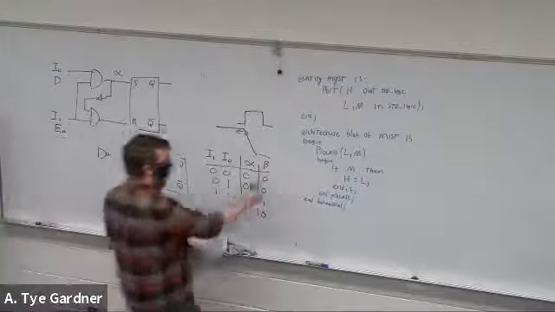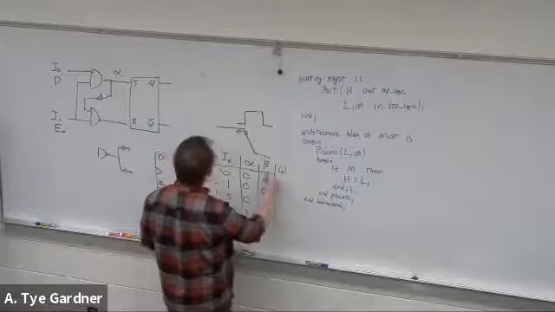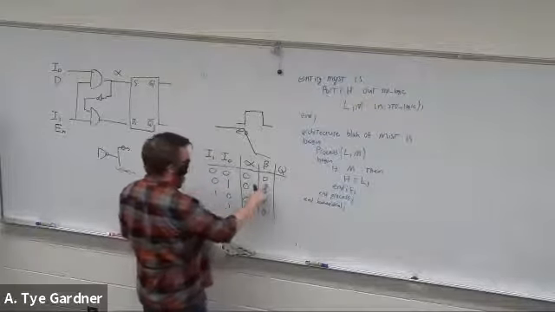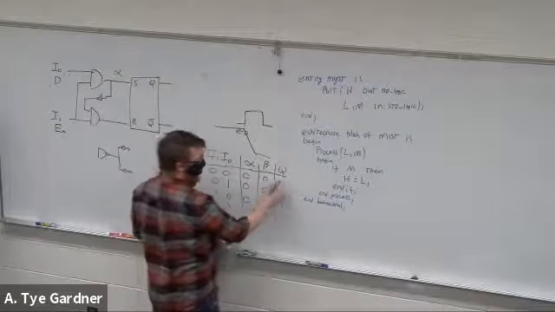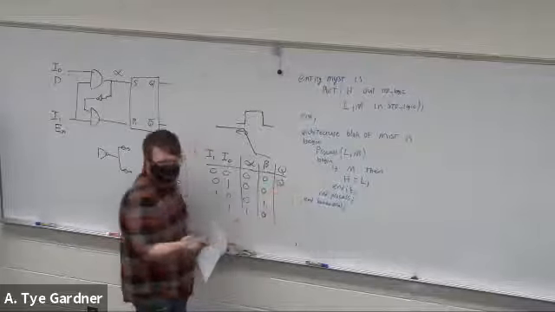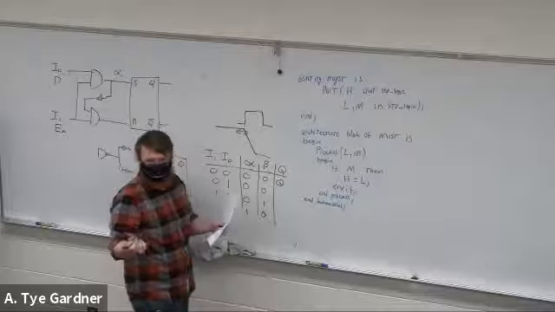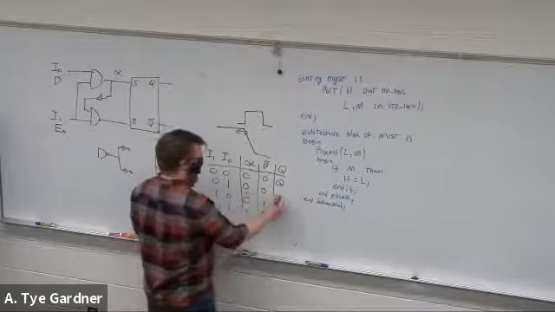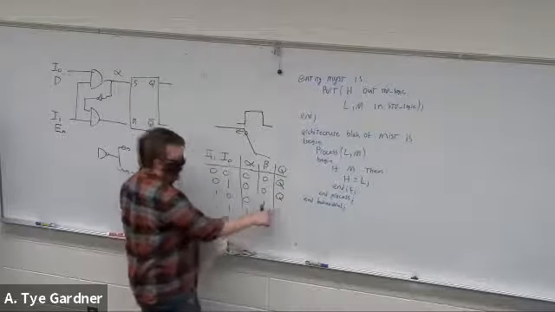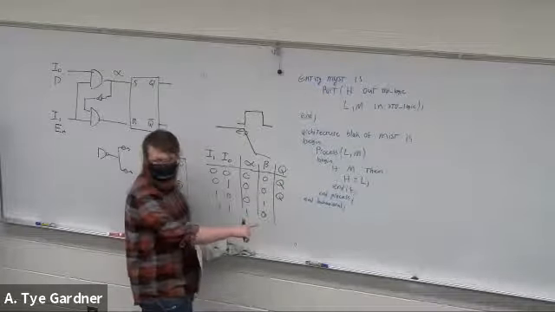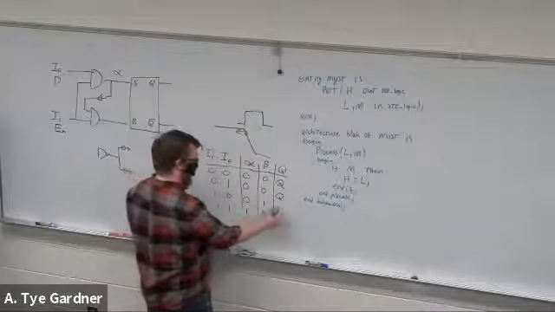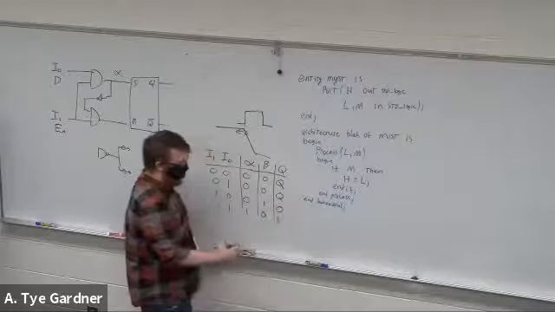And then you would say Q is, well, if I haven't set or reset, it's just Q, whatever it was. We didn't change anything. And then this is the hard one. This is why it's helpful just to recognize these structures, because now I'm going, well, 0, 1.